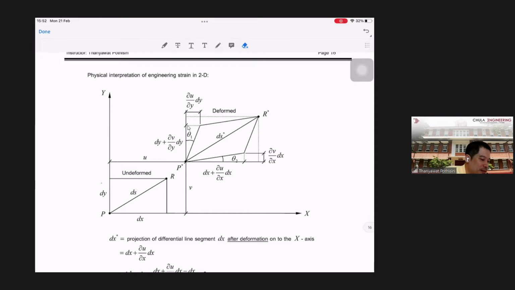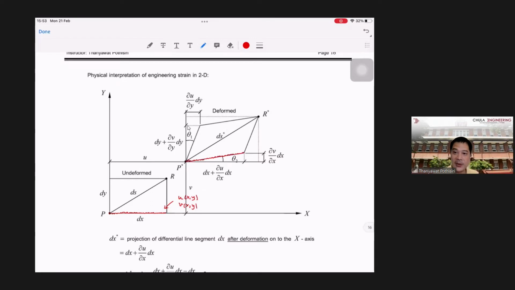Okay. So this line here undergoes both u function and v function, okay, to become this line right here, okay.